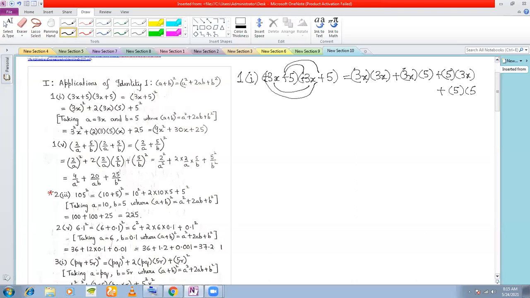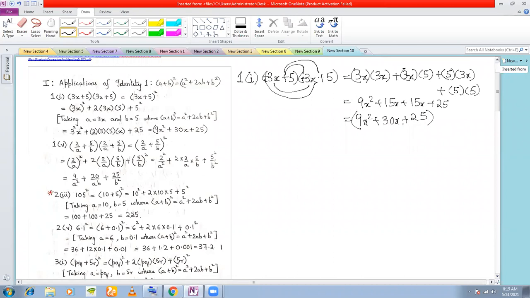Isn't it? This is how you would have multiplied to get 9x squared plus 15x plus 15x plus 25, which is 9x squared plus 30x plus 25. So this is the way we would have multiplied.